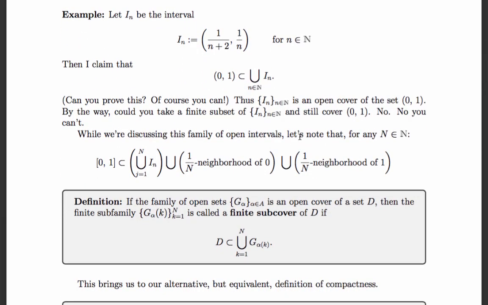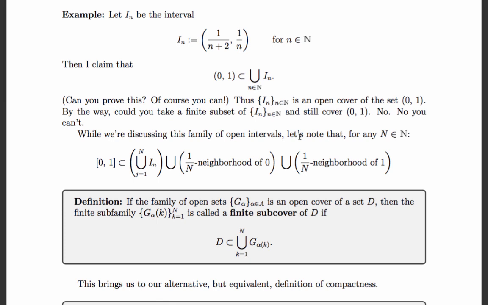Now let's consider another example. And by the way, as I go through this example, it would be a good idea to perhaps sketch out what a few of these intervals look like, maybe for n equals 1, 2, 3, 4, maybe 5 if you're feeling ambitious. Let I_n be the interval 1 over n plus 2 to 1 over n for every natural number n.